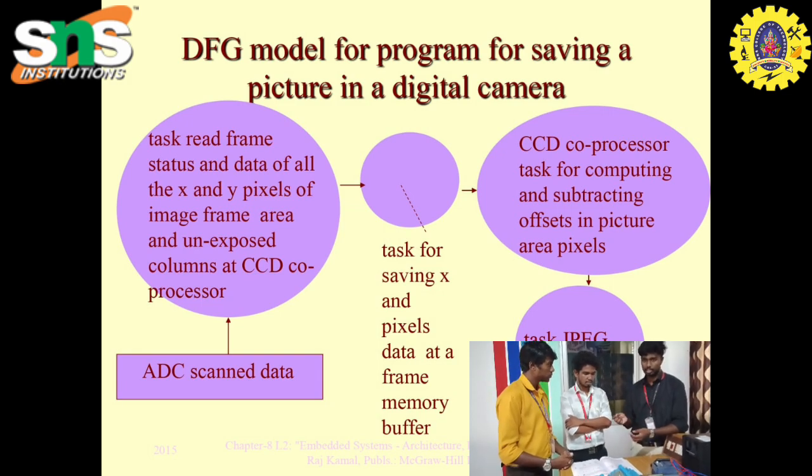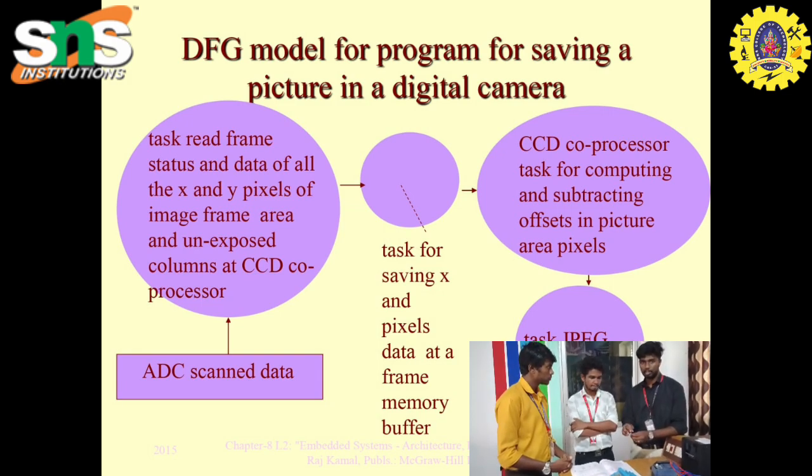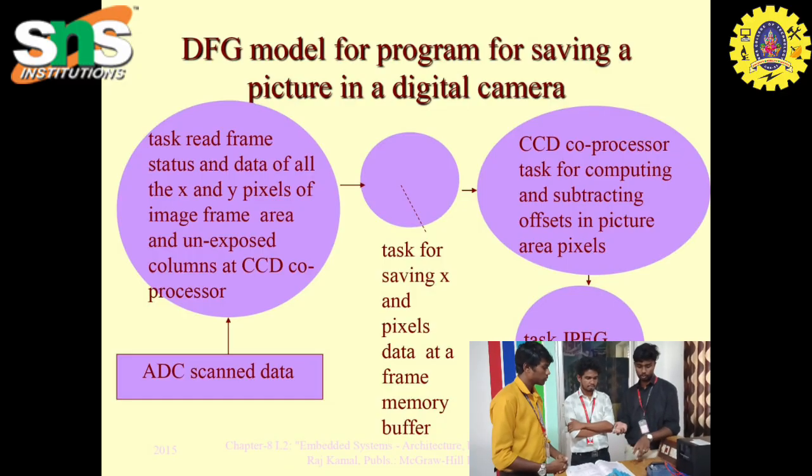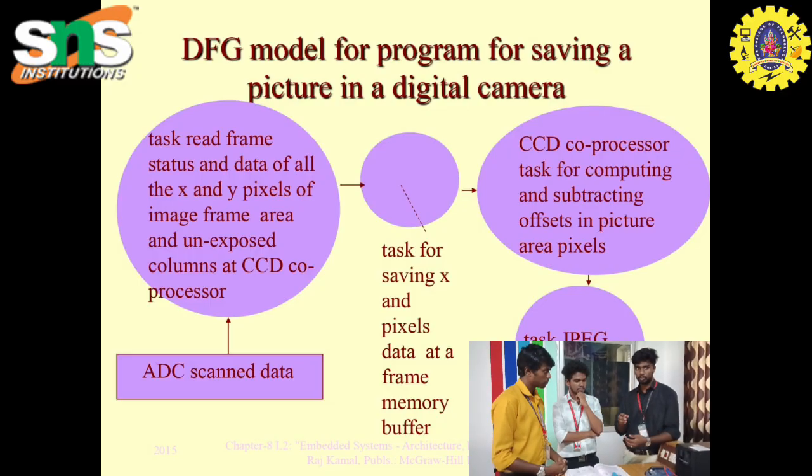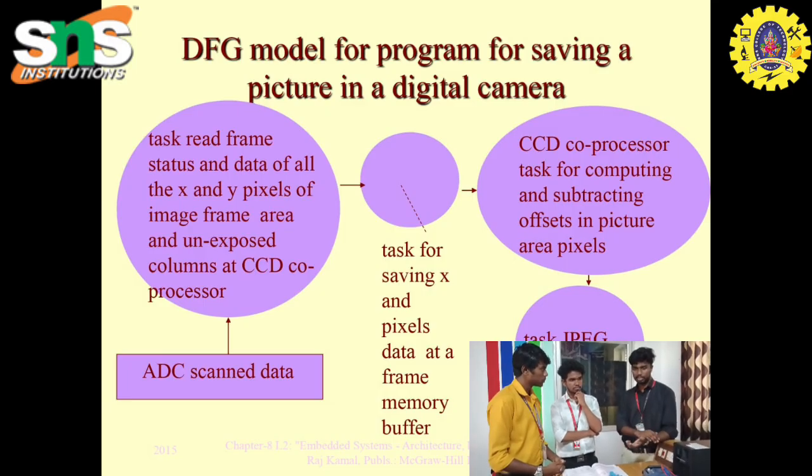The process is that the sensor converts the light into electrical signals, which are then processed into pixel data.